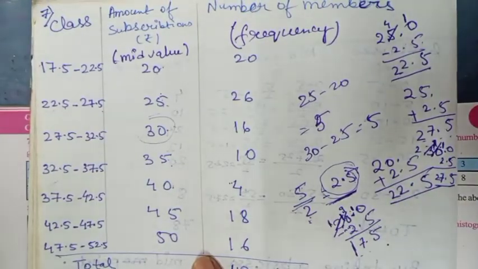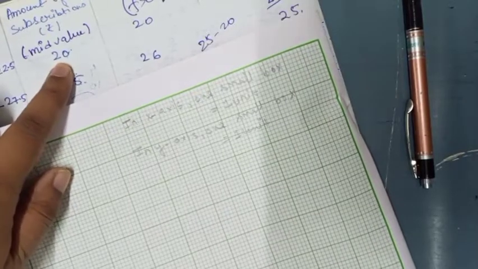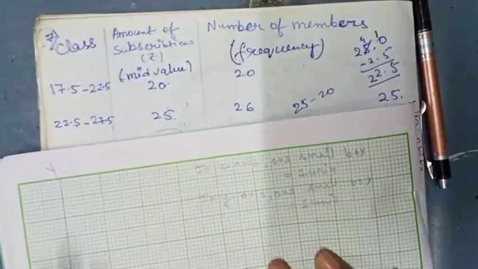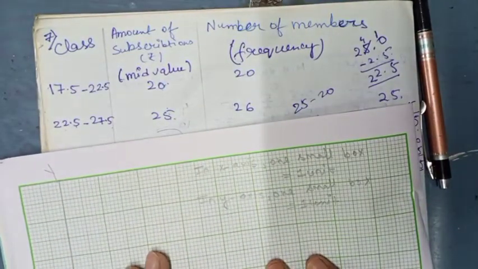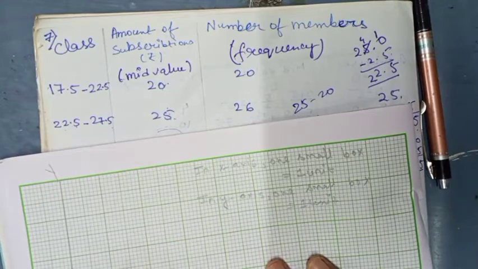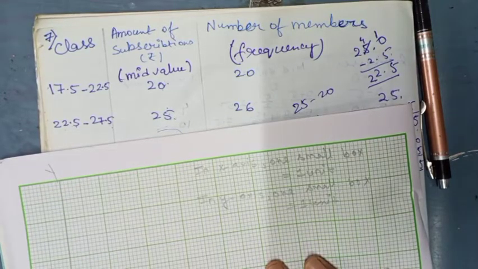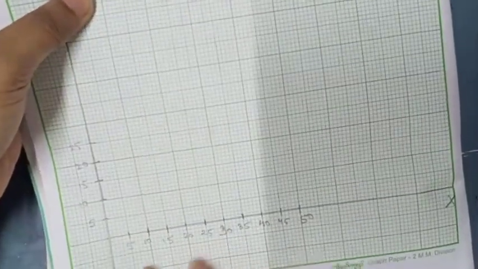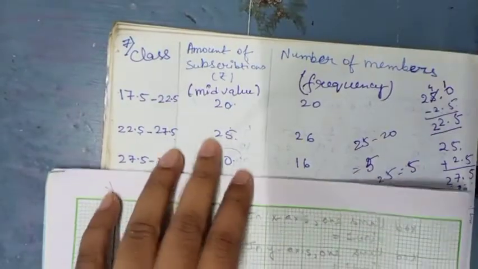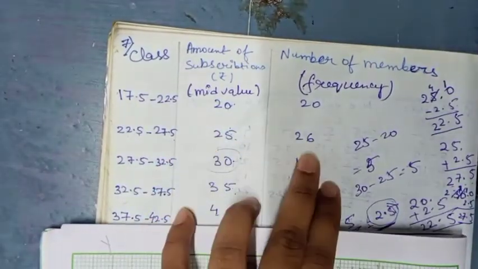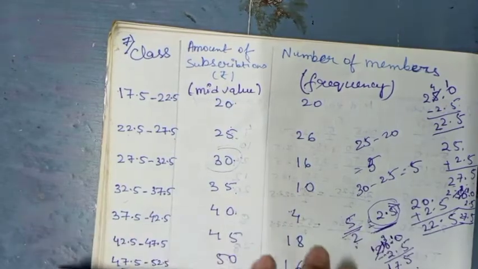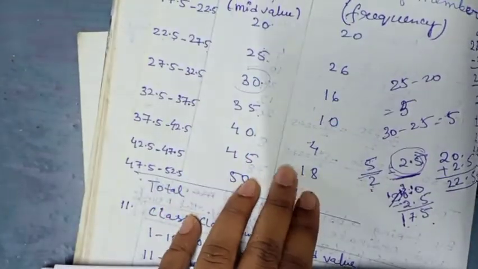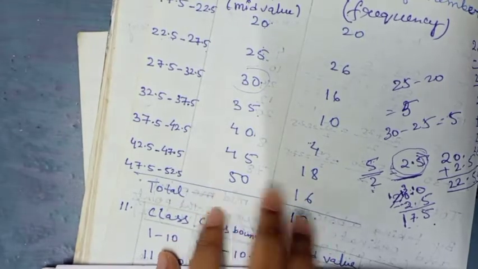Now start making the graph of histogram and frequency polygon. Now class 9, see, whenever they tell you to draw histogram and frequency polygon on the same graph paper, you will first draw the frequency polygon. Always you will draw the frequency polygon first, then you will draw the histogram, okay, and you will plot these points in terms of frequency polygon. Means what we have: 20, 20, 25, 26, 30, 16, 35, 10, then 40, 4, 45, 18, 50 and 16.